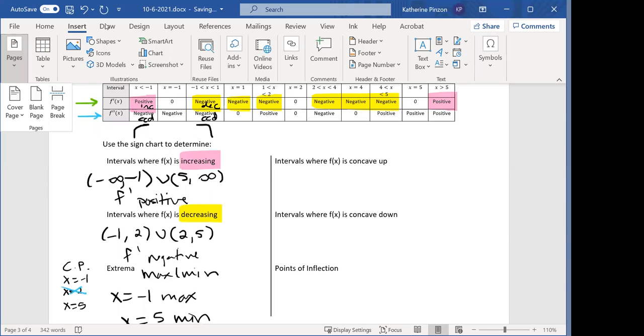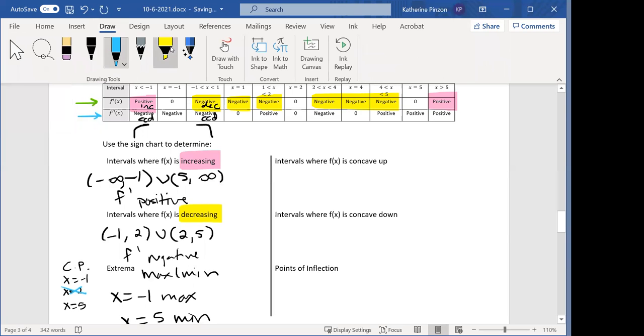Okay, let's talk about concavity. Intervals where the function is concave up. What tells you about concavity? The second derivative. I'm going to be concave up when my second derivative is what? A positive number. So I have to look here on my second derivative row for all the places where the second derivative is a positive number.